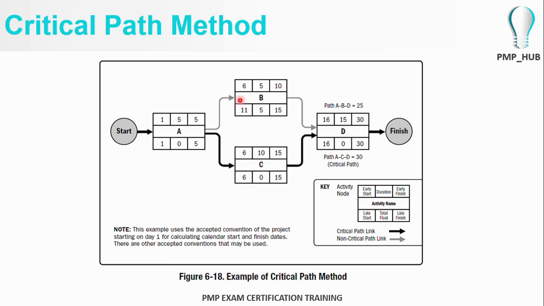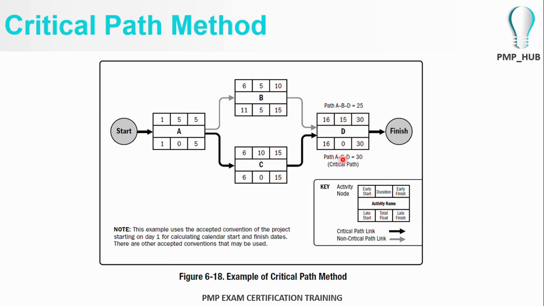The latest start date of B is 11, and even though activity A ends on day 5, it can still wait until day 11 to start activity B. If you remember, under sequencing activities, we explained that float is calculated as the difference between the early start date and the late start date, or the difference between the early finish date and the late finish date.